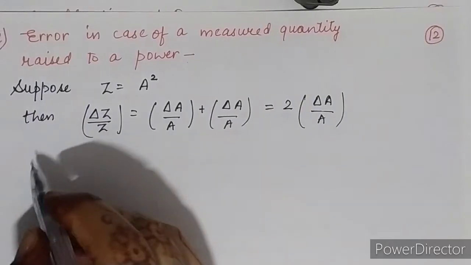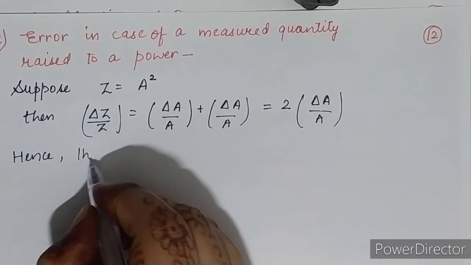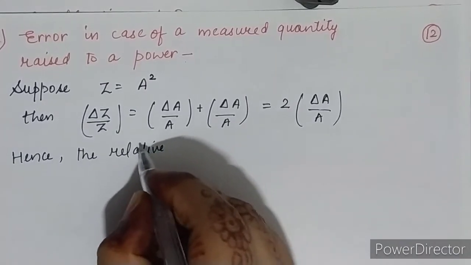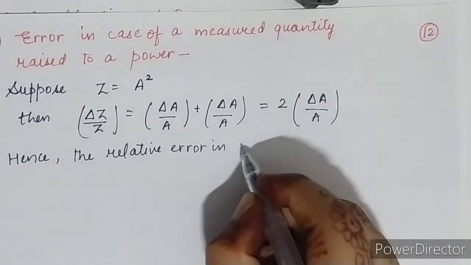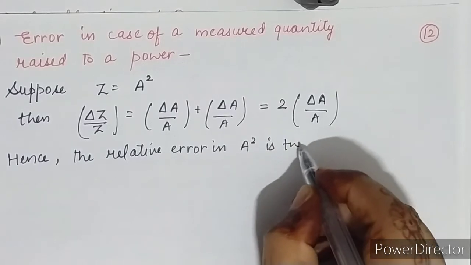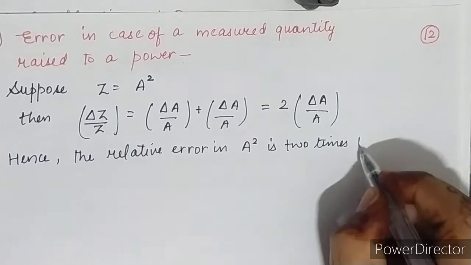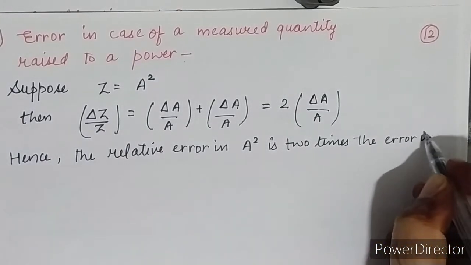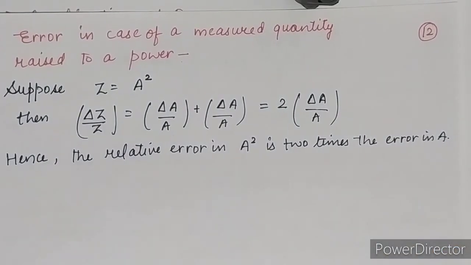So hence the relative error in a square is two times the error in a. Okay, clear?